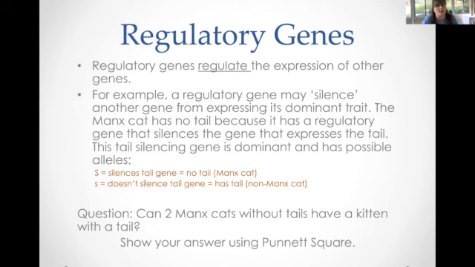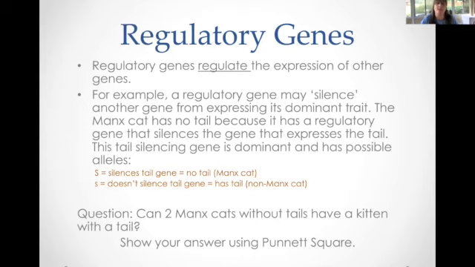Now, regulatory genes. Regulatory genes really are not difficult. They just look confusing because it tells you it's regulatory genes. It really works just like the dominant and recessive. So for here, we're going to talk about a Manx cat. A true Manx cat is born with no tail.